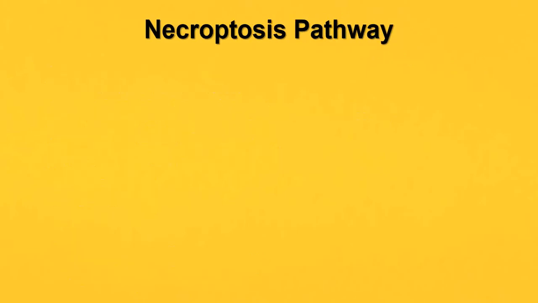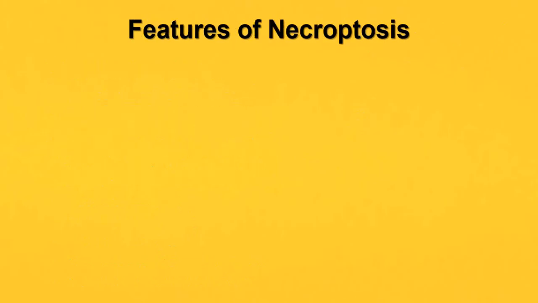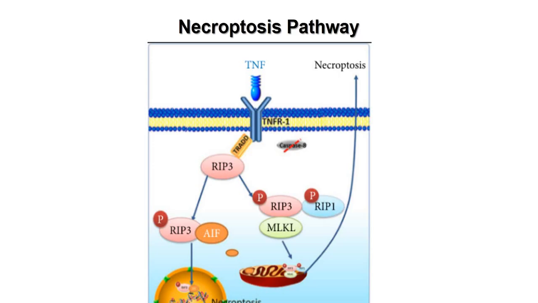Now we will study some of the tenets of the necroptosis pathway. We have already seen the features of necroptosis. This is the diagram of the necroptosis pathway. I will divide the pathway into a few basic parts.